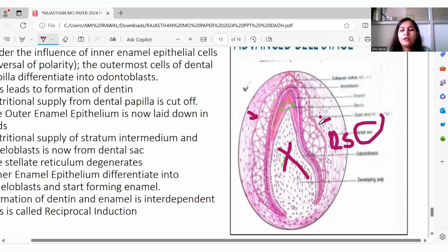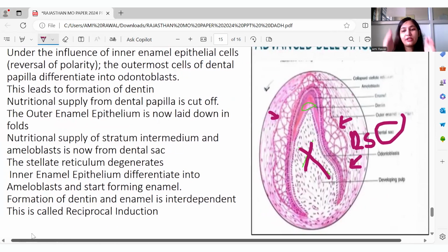So as the nourishment from dental papilla is cut off once dentin is formed, they will get nourishment from dental sac. As a result, the outer enamel epithelium is laid down in folds and the direct nourishment can reach the inner enamel epithelial cells.